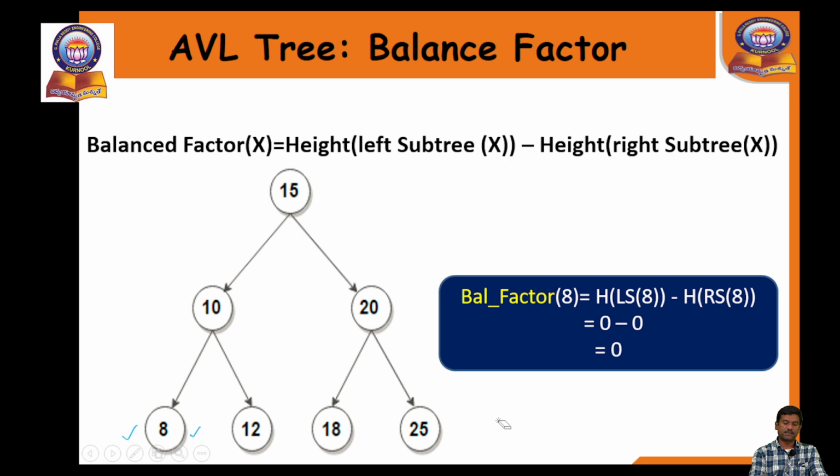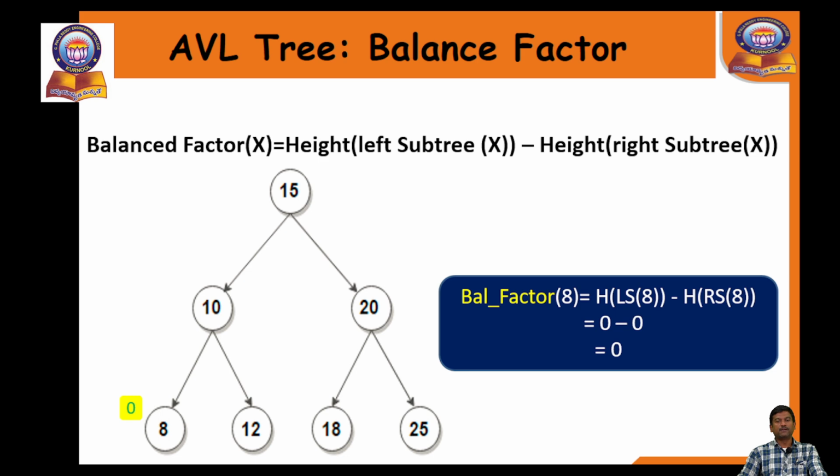Since it is a leaf node, it does not contain either a left child or a right child. So the height of the left subtree of 8 will be equal to 0, and the height of the right subtree of 8 will be equal to 0. So the balance factor of the node 8 is 0.